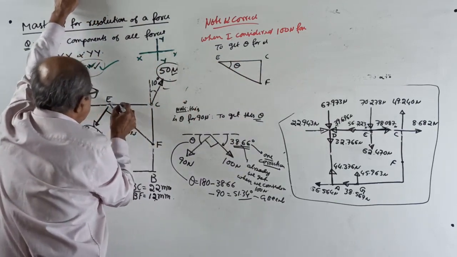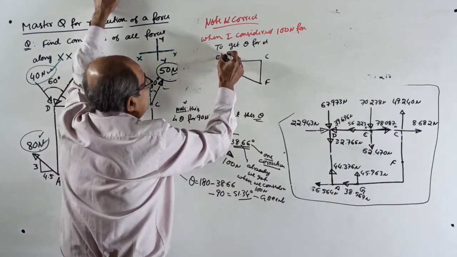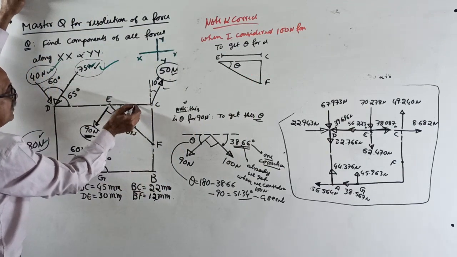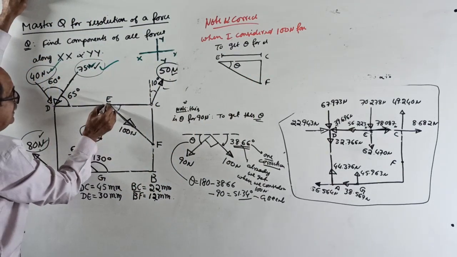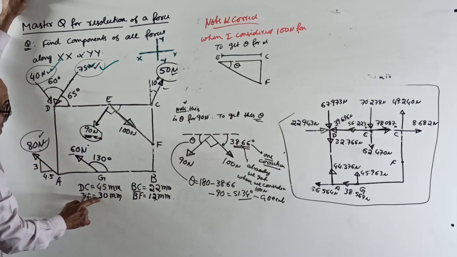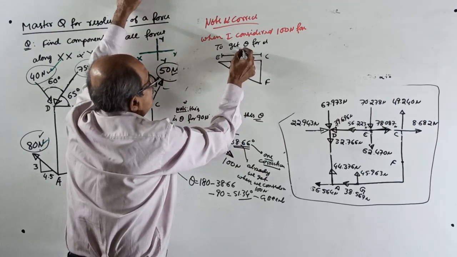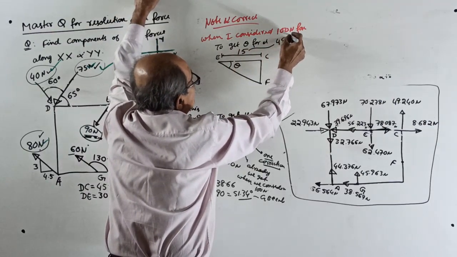See, this theta we want. That time I told this length I want. This is 45. Here to here is 30. So it is 15. How did I get 15? 45 minus 30. Correct.